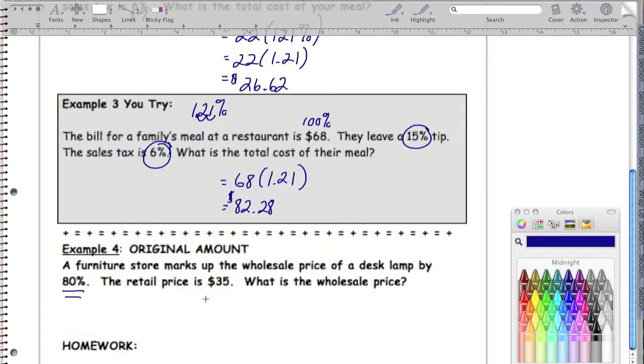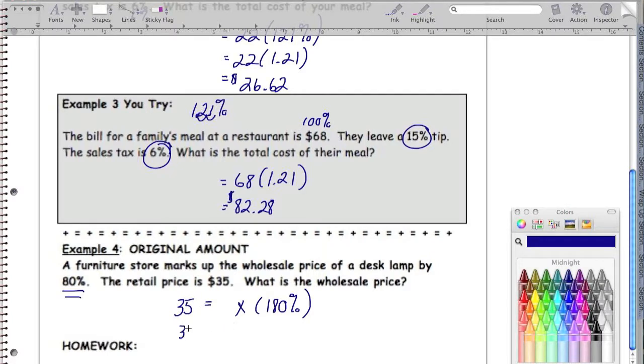So the way we can think of this is how we kind of did the ones on the first page with the markup. The original amount is 100% plus an 80%. So we're really paying 180% of the wholesale price. We don't know the wholesale price, but we do know that the retail price, 180% of whatever they paid originally, is going to equal 35.